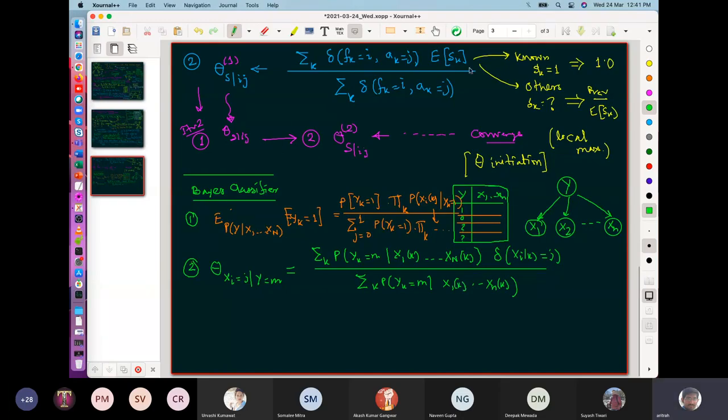So basically it is the same thing in terms of the Bayesian probability rule, where we can also use conditional independence of the lower nodes. Typically these kinds of things are very much applied in Bayesian classification as well, because most of the time we do not get fully observed data.